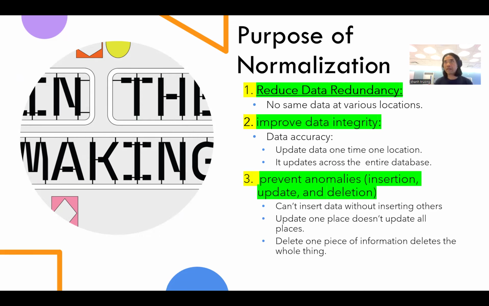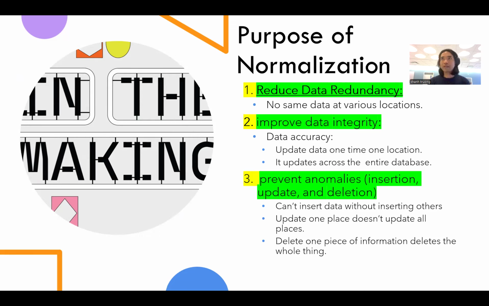If you have the same data at various locations and you update one location, it does not update all places. And the side effect of deletion is that if you delete one piece of information, you delete the whole thing. Those are the 3 goals of database normalization, and why we need normalization when designing our database.